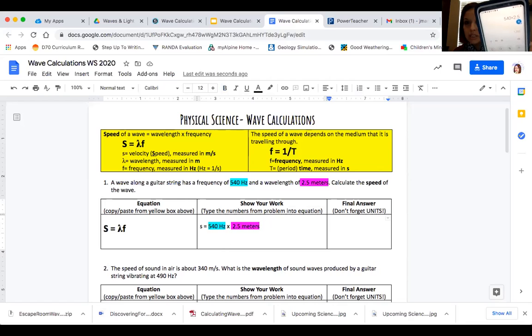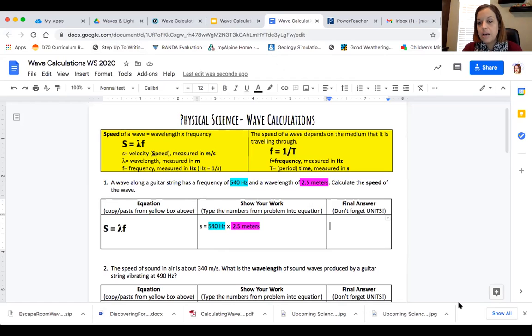So I want everybody to do that. I know there might be a little glare on my phone, but you can do it on your own calculator, even on the computer. And then type into the chat for me, what did you get when you did 540 times 2.5? Okay, who can tell us in the chat?